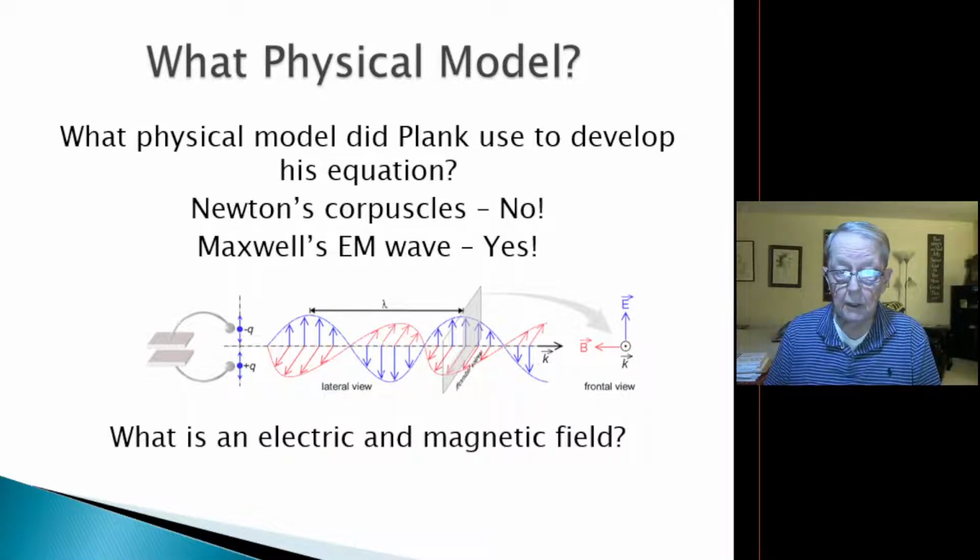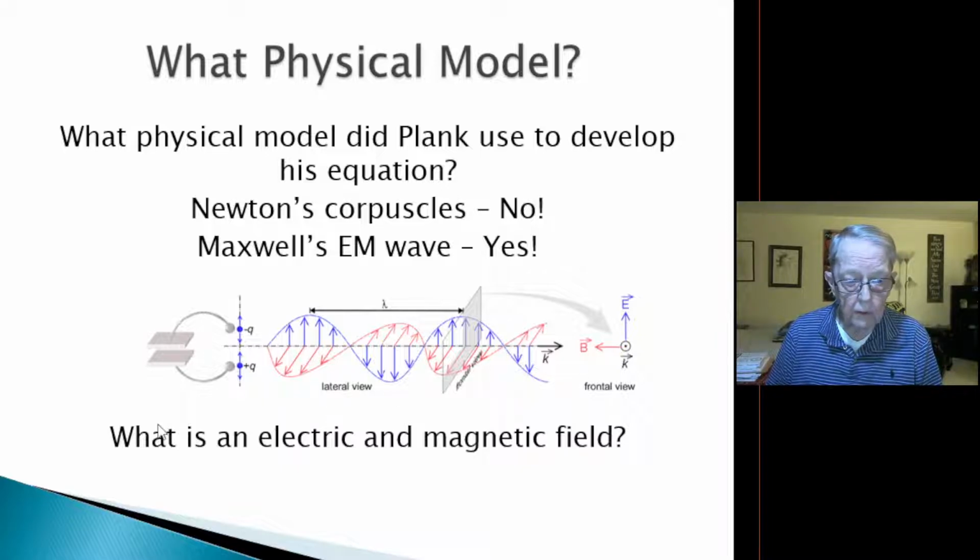Maxwell just recently defined his equations and came up with the electromagnetic wave theory. And yeah, there's a model of vibrating charges here, plus and minus vibrating, causing an electric field, blue going vertical, magnetic field following the electric field. And that's what they say it is. Is it physical?